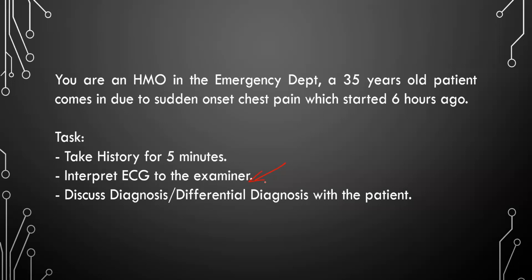So what can happen is if you get 1 or 2 wrong in this task, then ultimately, even if you're doing a very good history, diagnosis and differential, you can even fail this case. So that's something which is very important. Some of the things are very, very important for the exam. Like, if you don't ask some of the history, which is not important, they will not bother. But if you say ST depression here, yes, they might bother about it.